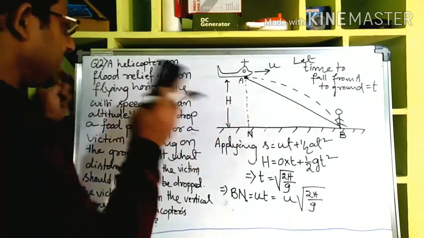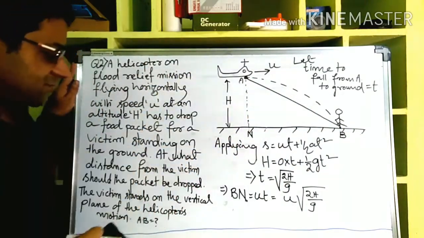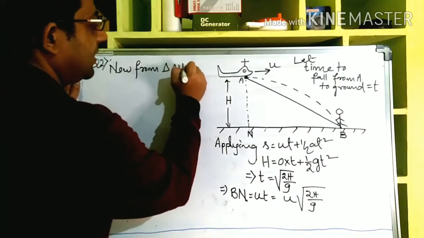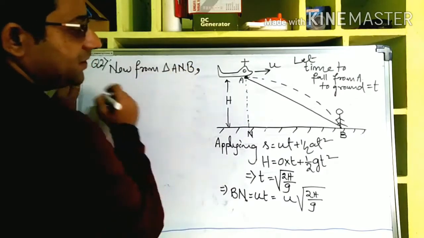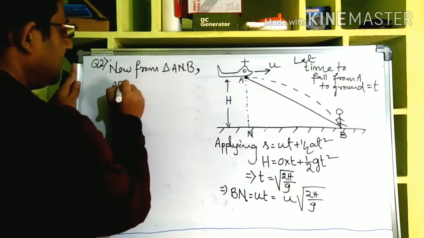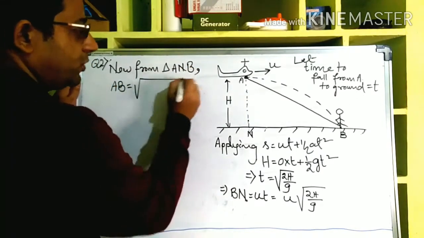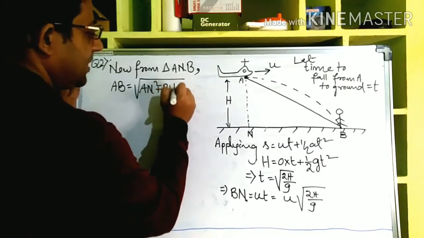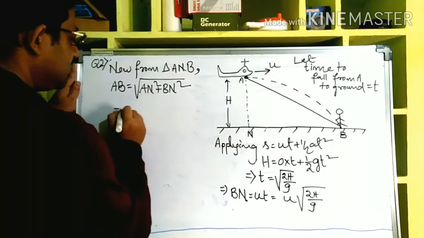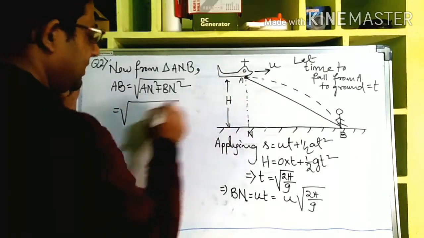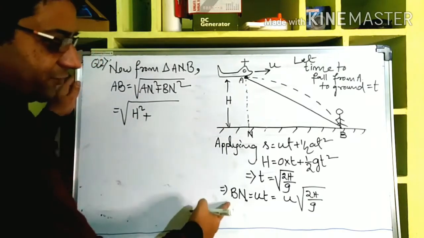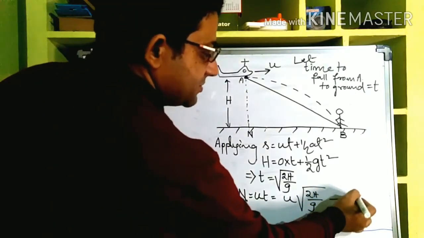Now see, you can apply simple Pythagoras theorem to the triangle ANB. This is a video, you can pause and you can copy this question. Fine. From triangle ANB, applying Pythagoras theorem, AB is equal to root under AN square plus BN square, right? This is equal to root under AN is nothing but H, so H square plus BN, just now we got. Let's make it equation 1.